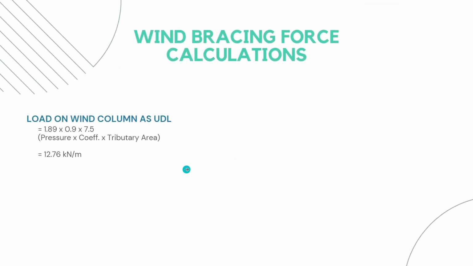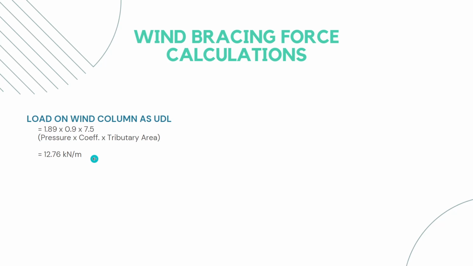So, the wind load that is going to act on the wind column as UDL would be 1.89 into 0.9 into 7.5, which is nothing but pressure into coefficient into tributary area, which equals 12.76 kN per meter. Now, this UDL needs to be converted to the reaction at the top and bottom end of the wind column.